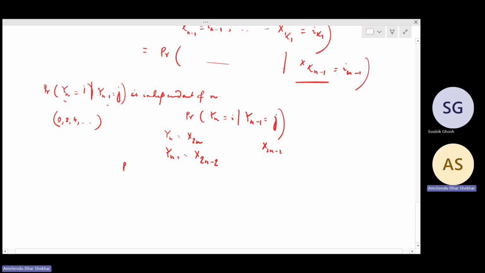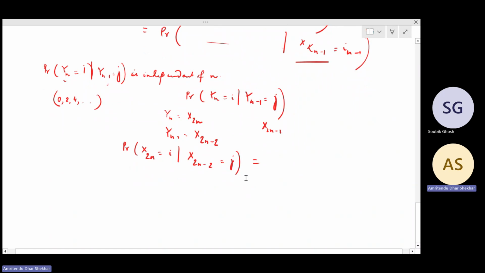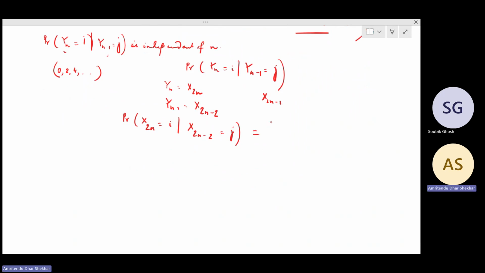So the probability of x2n equals i given x2n minus 2 equals j is basically equal to the sum over k of the probability of x2n equals i, x2n minus 1 equals k, given that x2n minus 2 equals j.